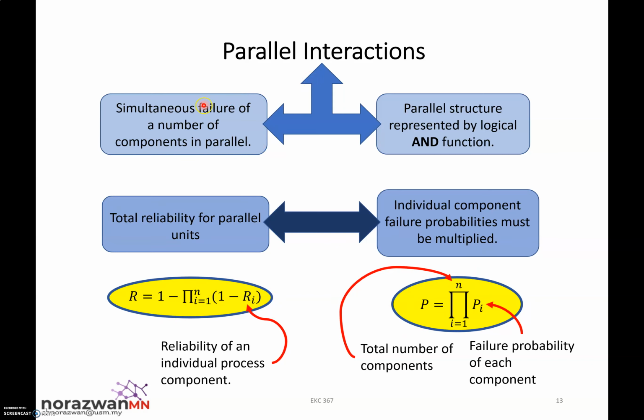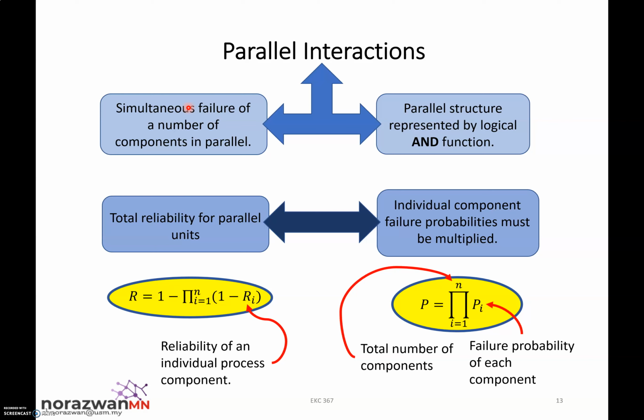What we call a parallel interaction is the simultaneous failure, meaning you need at least two or more failures to happen at the same time for the process to be in fault or to be in incident.